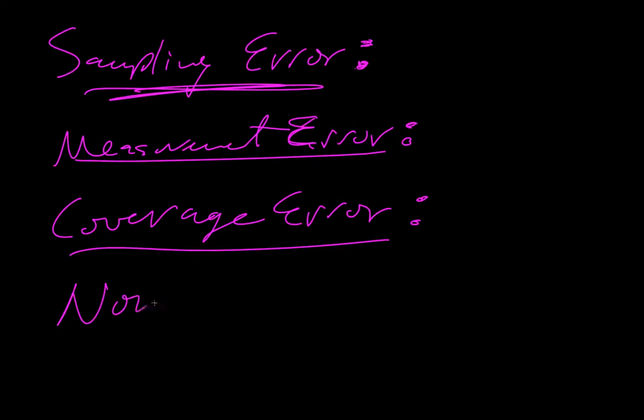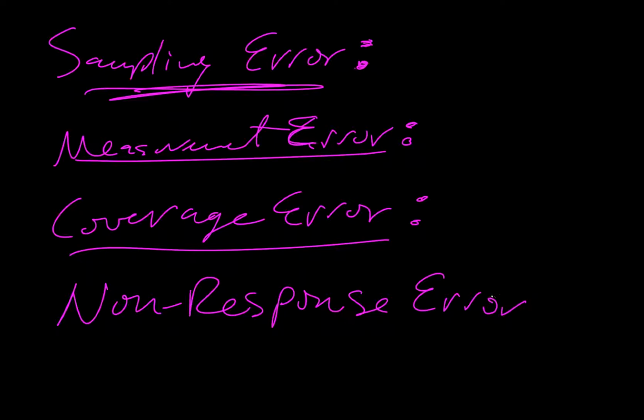And then we have a non-response error. These are errors that occur when a large number of people selected for a survey choose not to respond to it. For example, an online survey is less likely to be completed by elderly people who are unfamiliar with technology. This means that elderly people will be underrepresented in that survey.